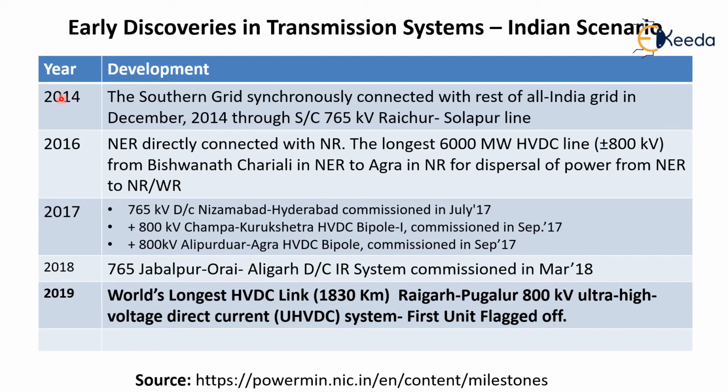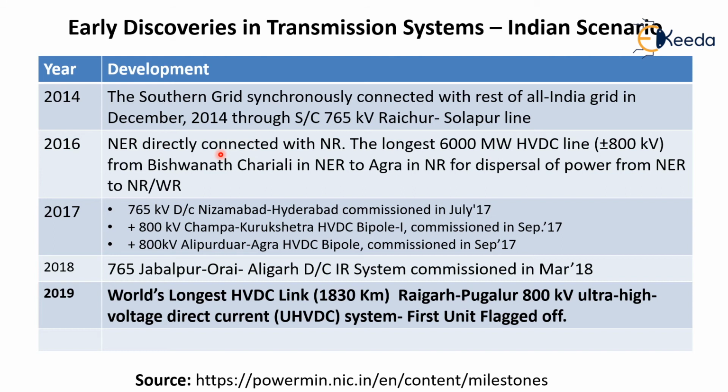About 2014 only, the southern grid was synchronously connected with the rest of the all India grid. Until 2014 it was like the rest of the India grid and the southern grid, because practically they faced many problems in the interconnection of the southern grid with the rest of the India grid.